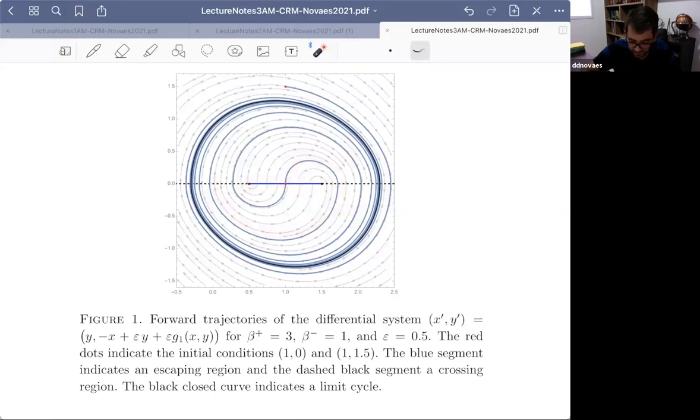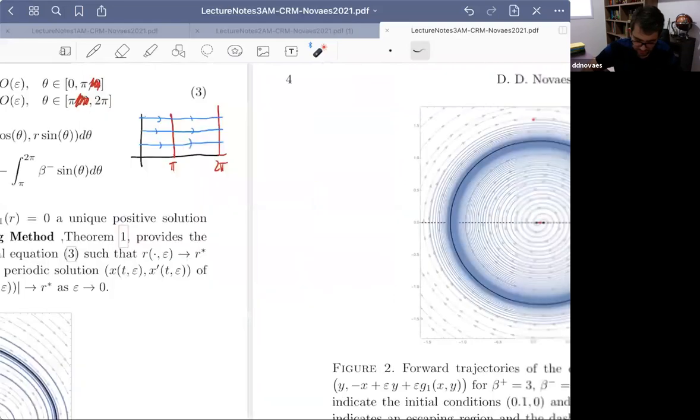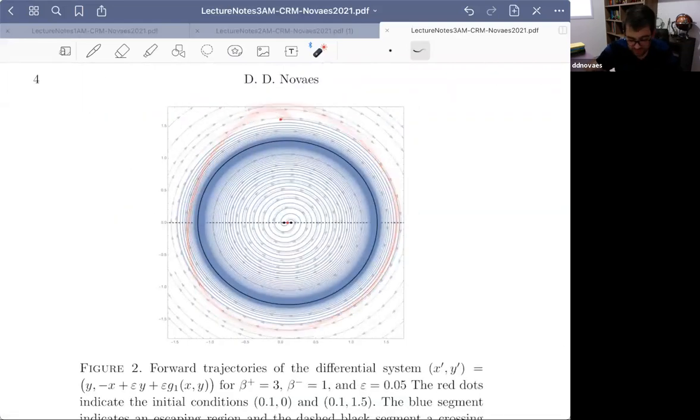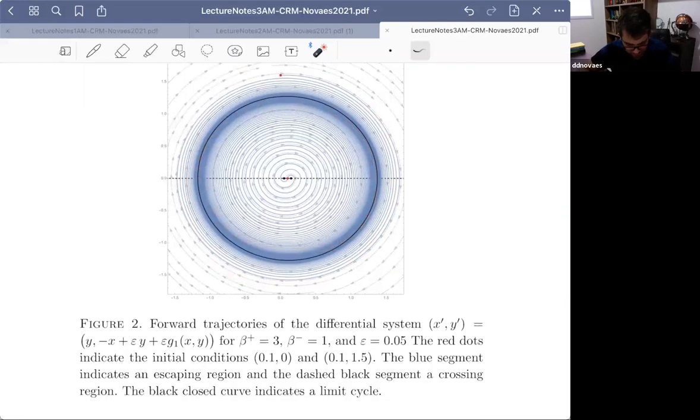I'm also running the simulation for a point outside the region delimited by the limit cycle, and you see that this trajectory converges to this object. So we have a limit cycle here. Just taking a smaller epsilon, we see that the limit cycle becomes closer and closer to the circle of a given radius. Okay.